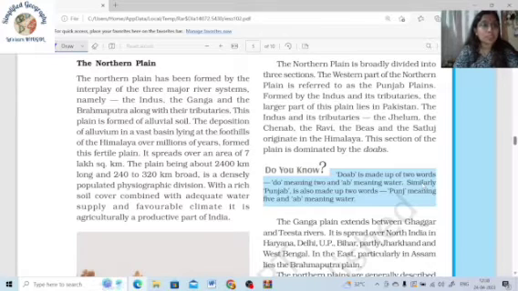So let us start with the Northern Plains. The Northern Plains have been formed by the interplay of three major river systems. Now these three major river systems we have to learn here. When we talk about India and its major river systems, we talk about Indus, Ganga and Brahmaputra.